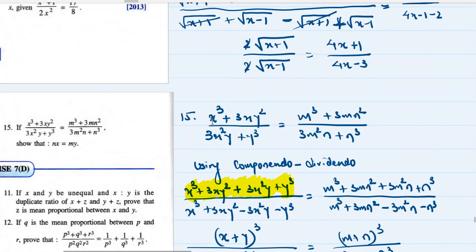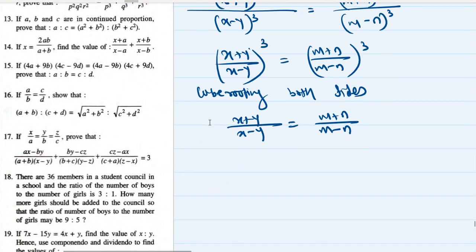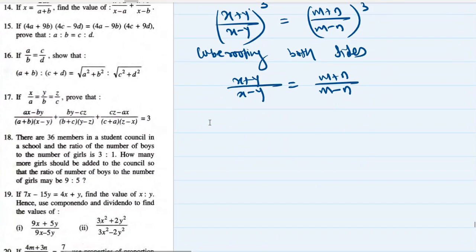Now we have to prove that nx is equal to my, which I think you can prove now by cross multiplication. But if you want, you can simplify it further by taking one more componendo dividendo, because this is in the form of componendo dividendo.